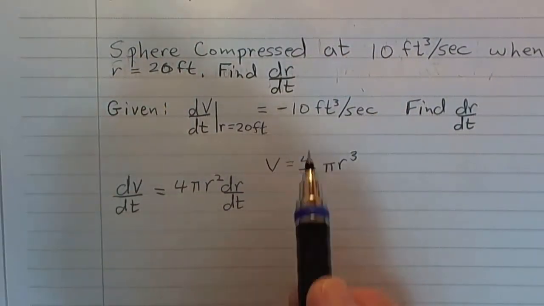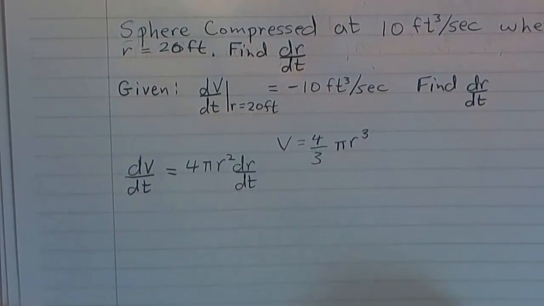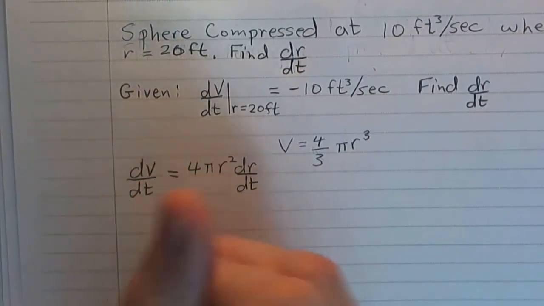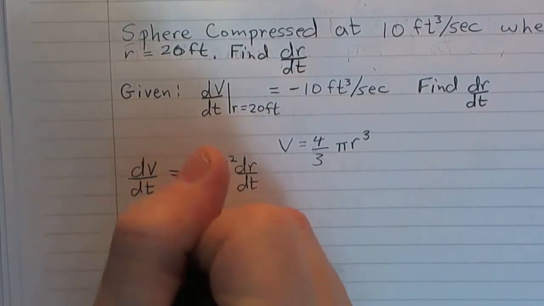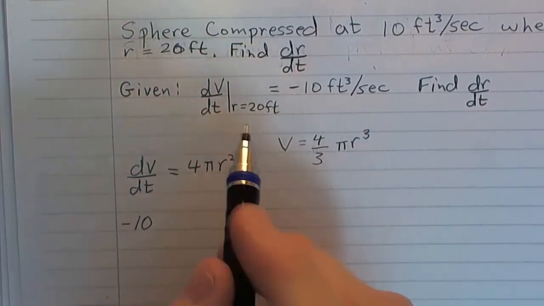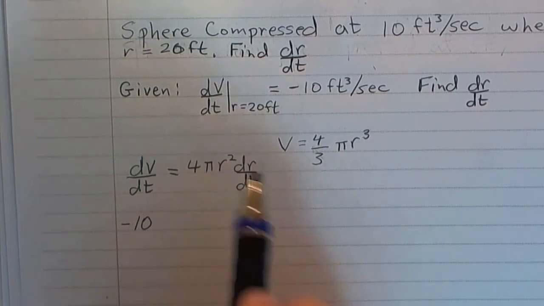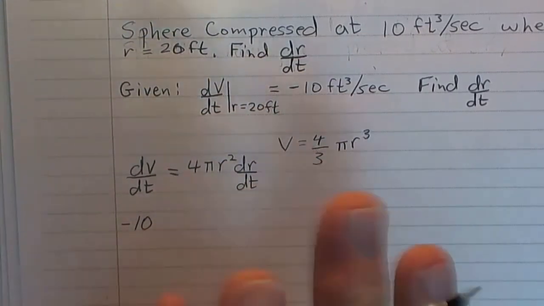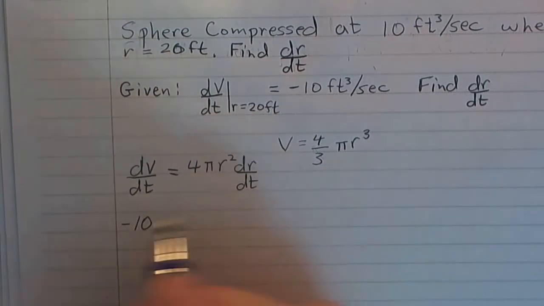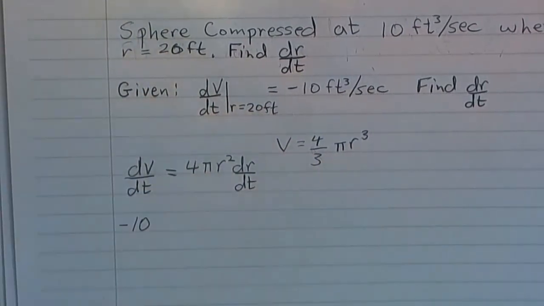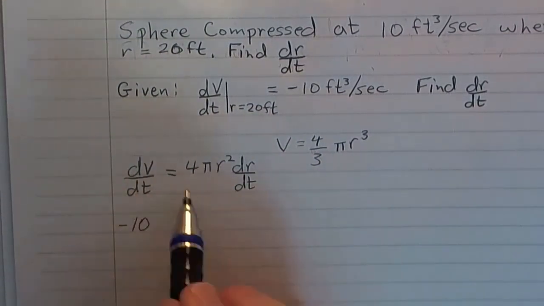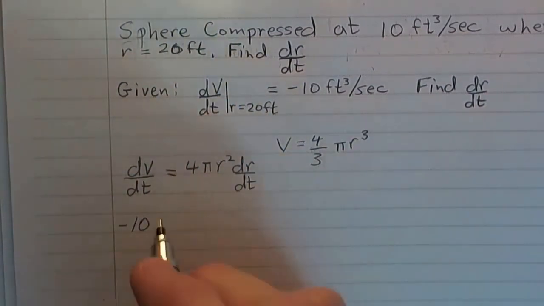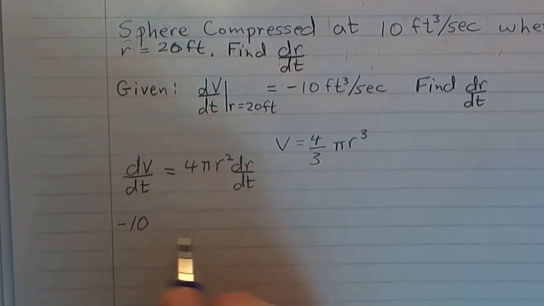Now I can start plugging in things. I've got dV dt, so I'm going to plug in the negative 10. I'm going to drop the units here. We know we're going to have cubic units over here, and we're going to divide by square and get linear units, but let's just concentrate on the math.